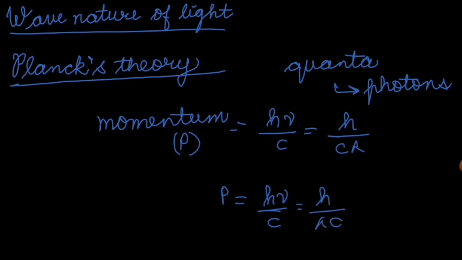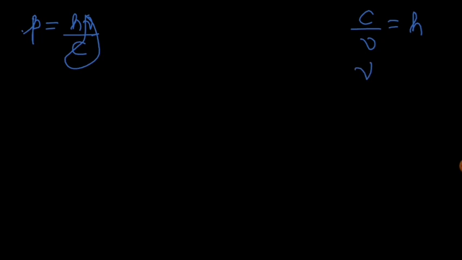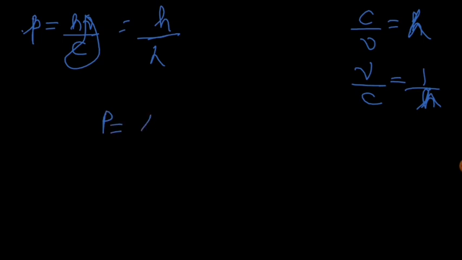Here the c gets eliminated, because we know that momentum p equals h nu by c, and nu by c is equal to 1 upon lambda. So the momentum formula is h nu by c, which can be written as h upon lambda.